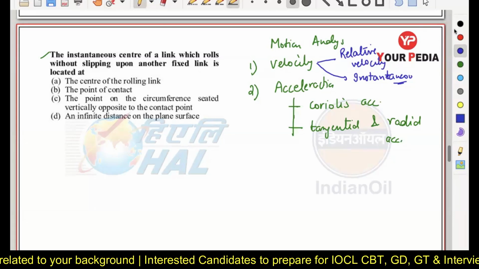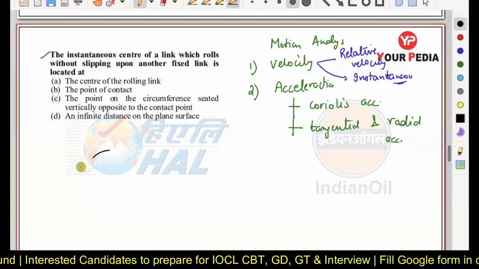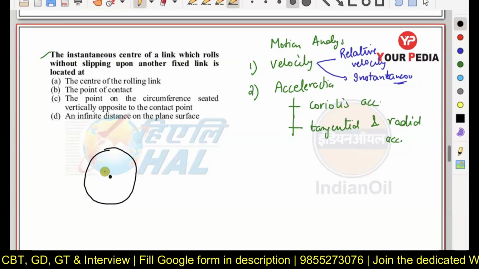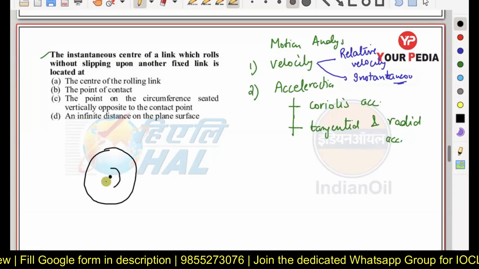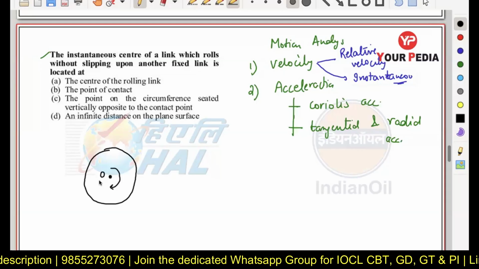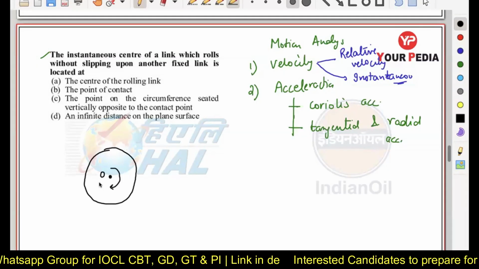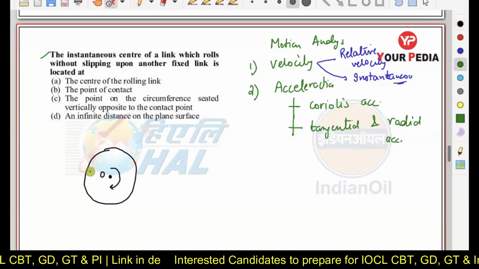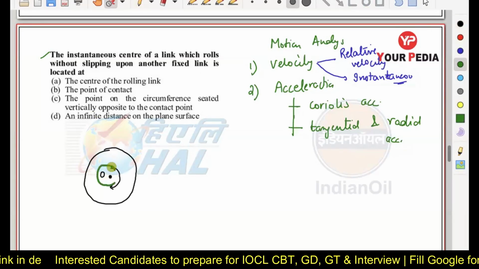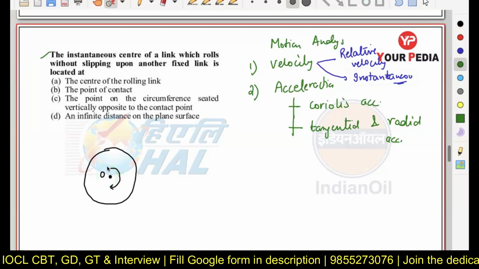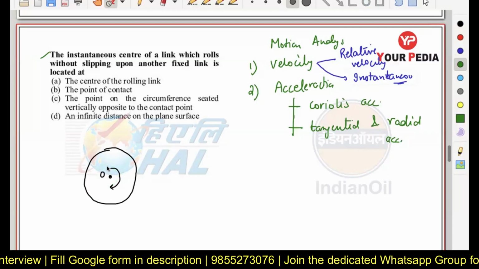For example, let us say you have a wheel here. Now you can see this wheel is simply rotating about the center point. If I ask you where the instantaneous center is located, you can simply say, sir, this wheel is rotating about the point O. So I can say O is representing the instantaneous center, and that is going to be the correct answer.